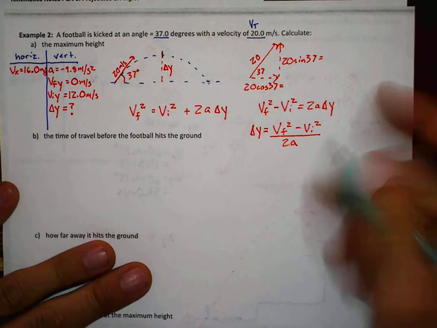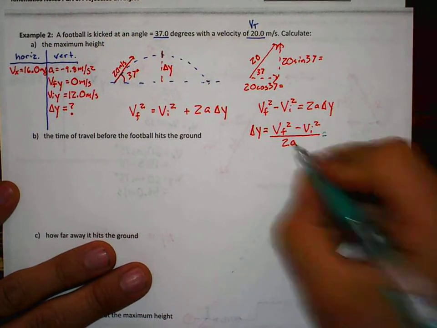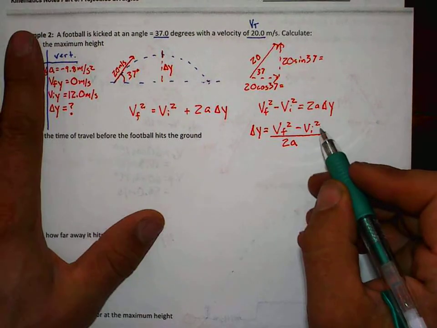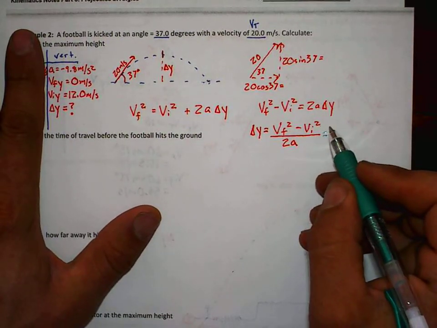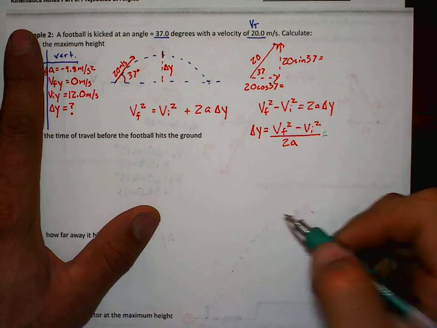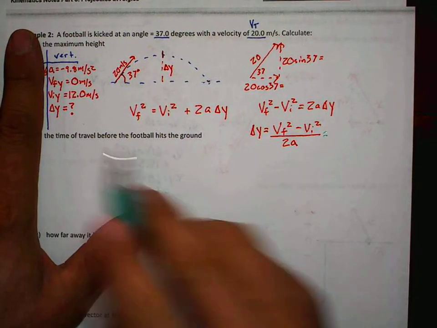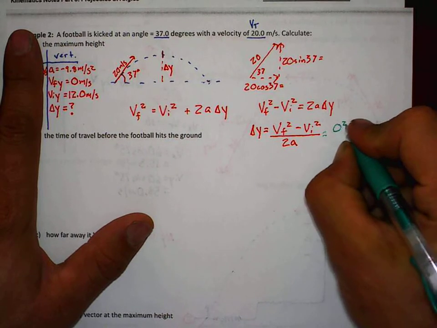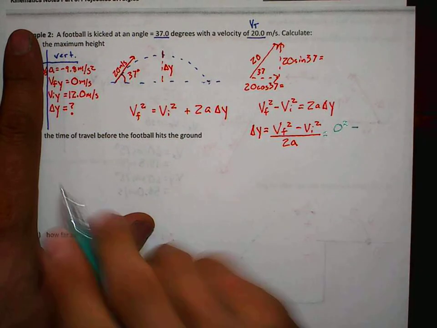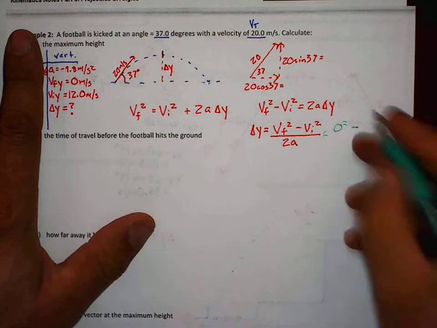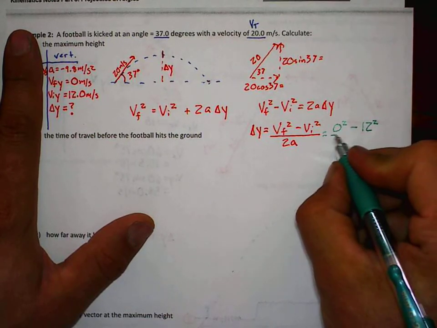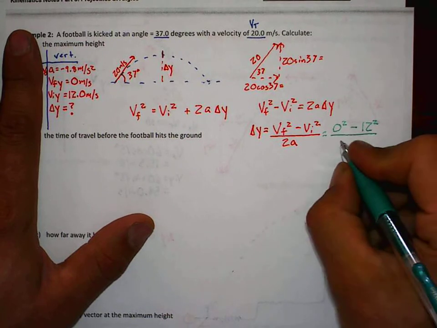Okay, let's plug in some numbers. This is all y stuff. Okay, we ignore this side of the table when we're using any of these equations. So we're going to use this side. So we've got 0 squared minus 12 squared over 2 little g's.